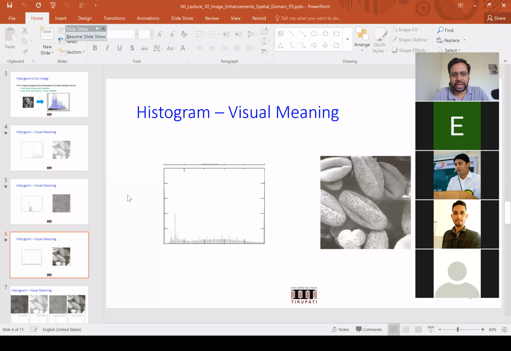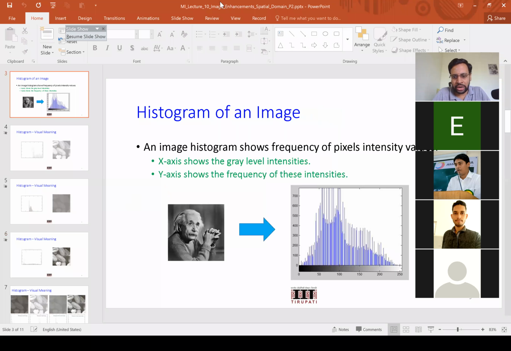See how we are drawing the histogram. Let's say you have 0 to 255 values, and you are counting the number of pixels that have each particular value. If you are writing your own program to draw a histogram, what will you do?